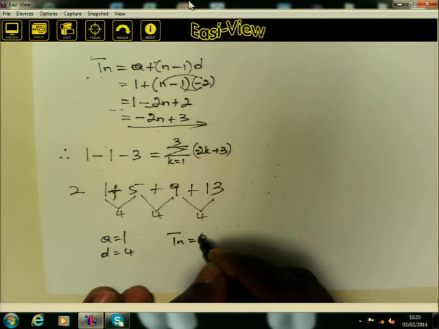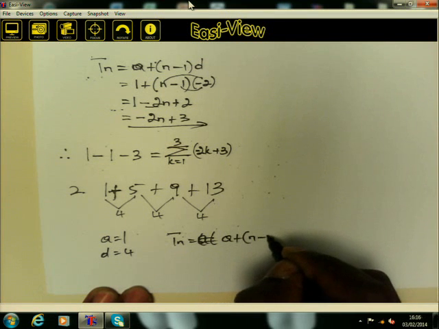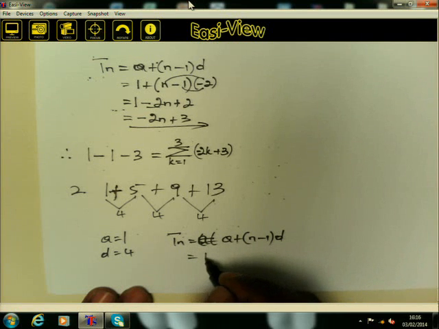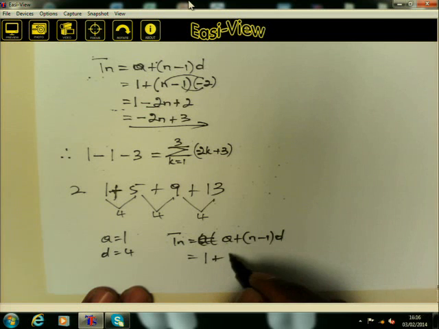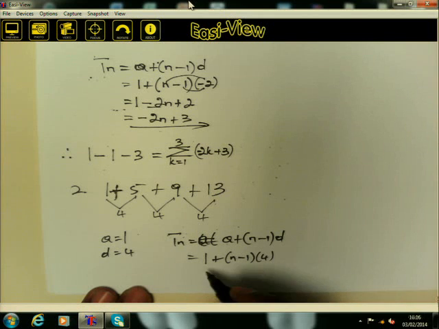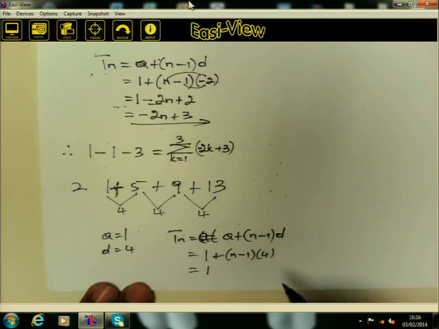Tn equals A plus n minus 1 into D. Substitute 1 there, the value for A. Add n minus 1. Substitute D. D is 4. So that is now 1.